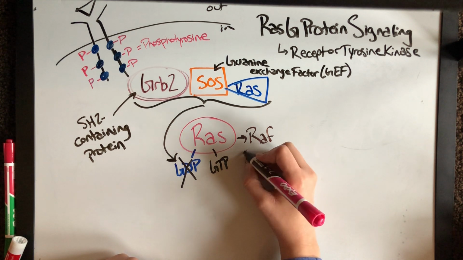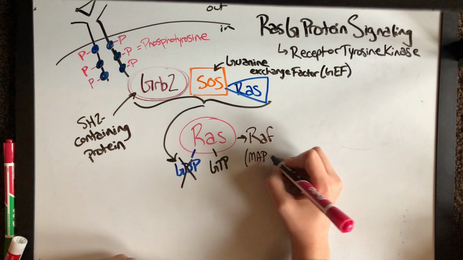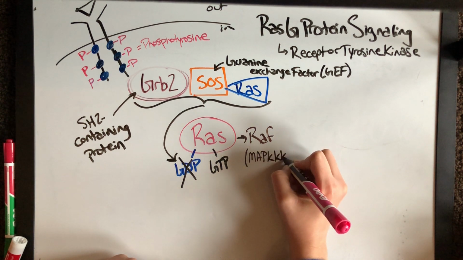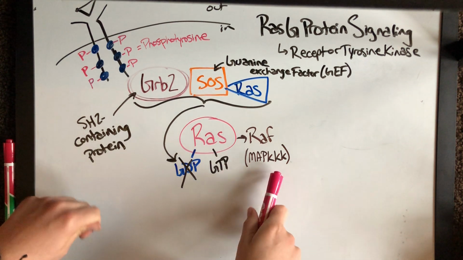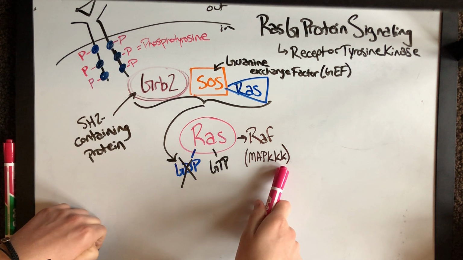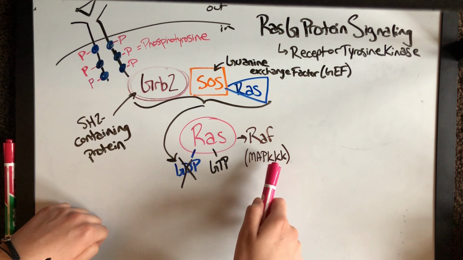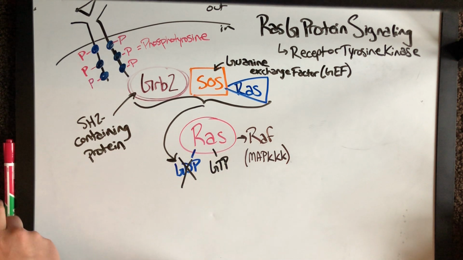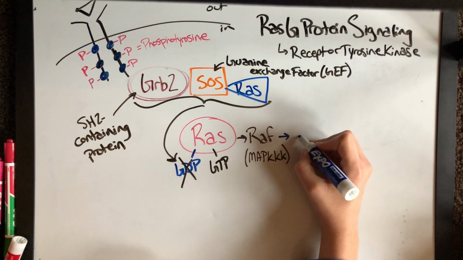That is just another term that we use for this RAF protein. We know that kinases phosphorylate things, so this is a kinase that's going to go phosphorylate the next protein, which is MAPKK. MAPKK is next in line, which is also known as MEK.